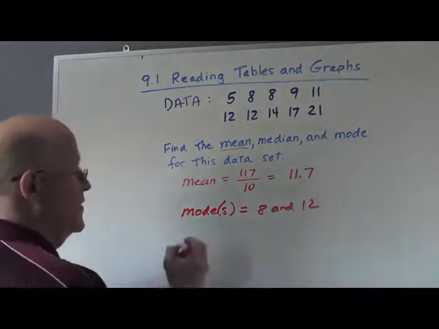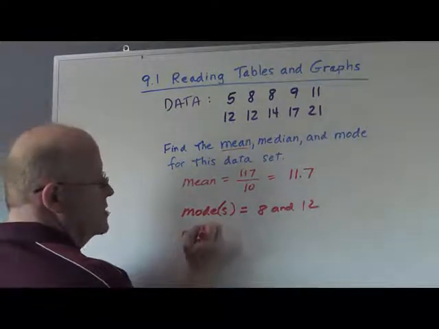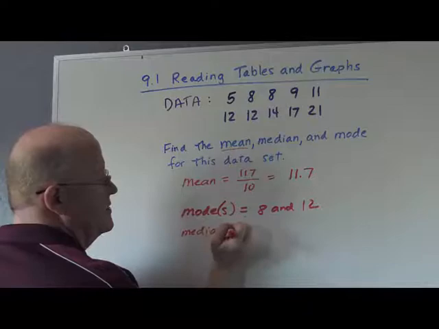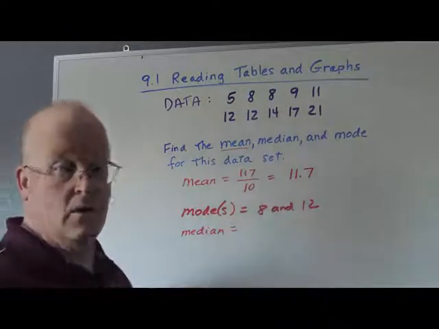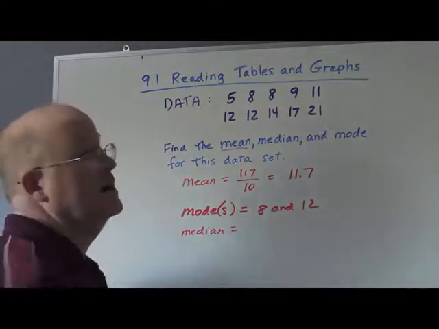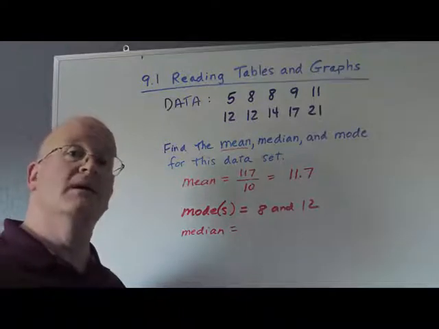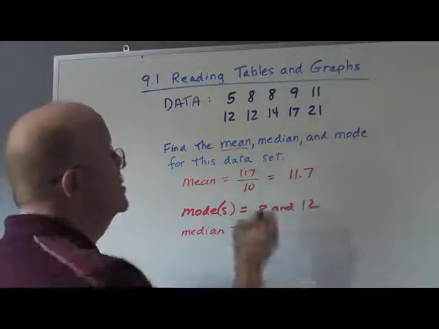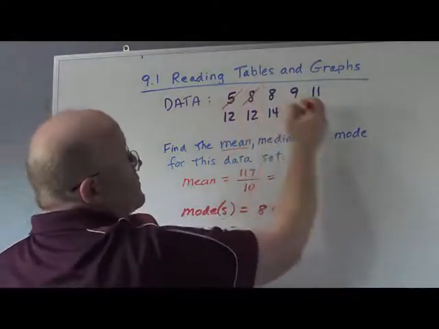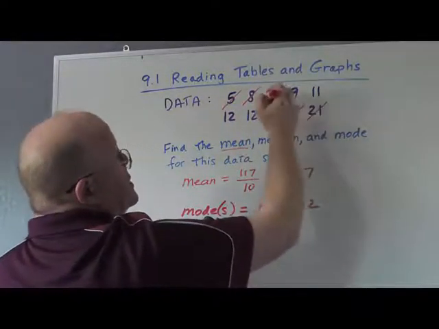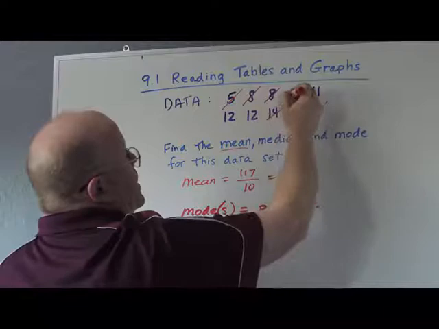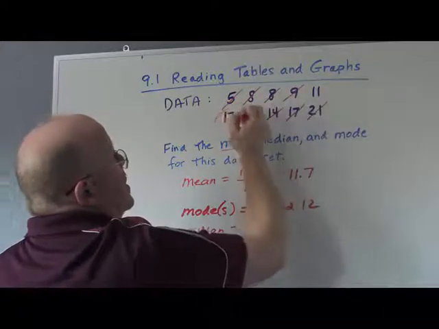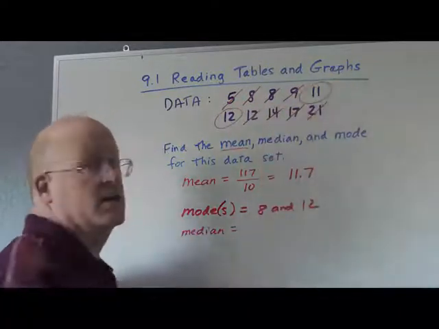Now let's look at the median. The median requires that we have our data values listed in numerical order, which I've already done up above. The median is the middle value when they're listed in order. So I'm going to start chopping off from both ends here until I get to the middle. And what I find out is I've got 2 middle values here.